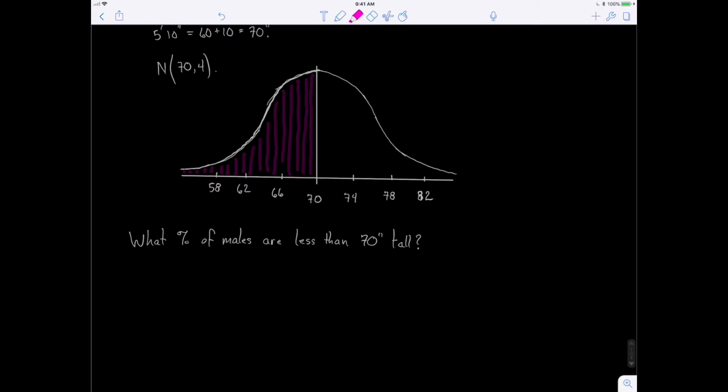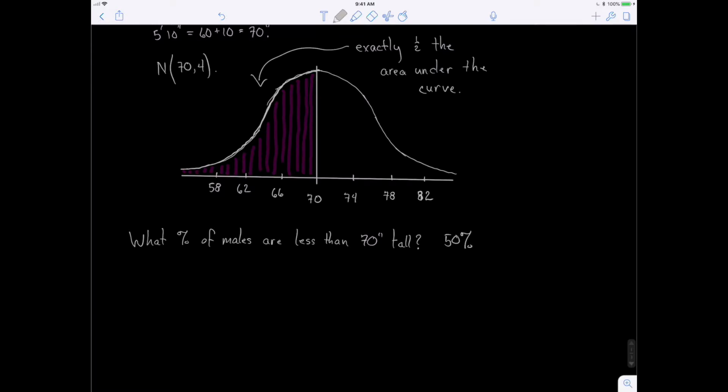The curve is symmetrical, so everything below 70 is exactly half the area under the curve. That's our answer. What percentage of males are less than 70 inches tall? We represent half as 50%.